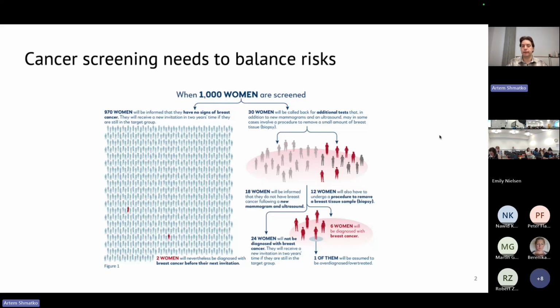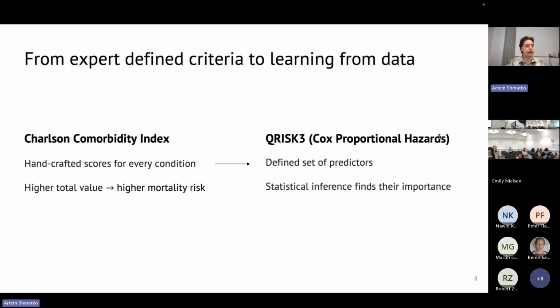So people started thinking how to build formal mathematical approaches of estimating disease risks before a patient gets a disease. And perhaps the very first generation of such systems were just handcrafted, expert-defined criteria that were used to estimate the disease risks.